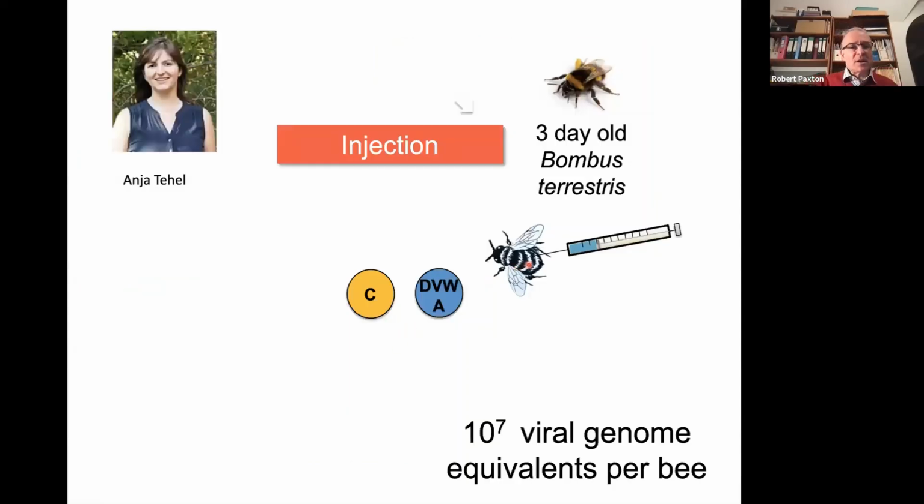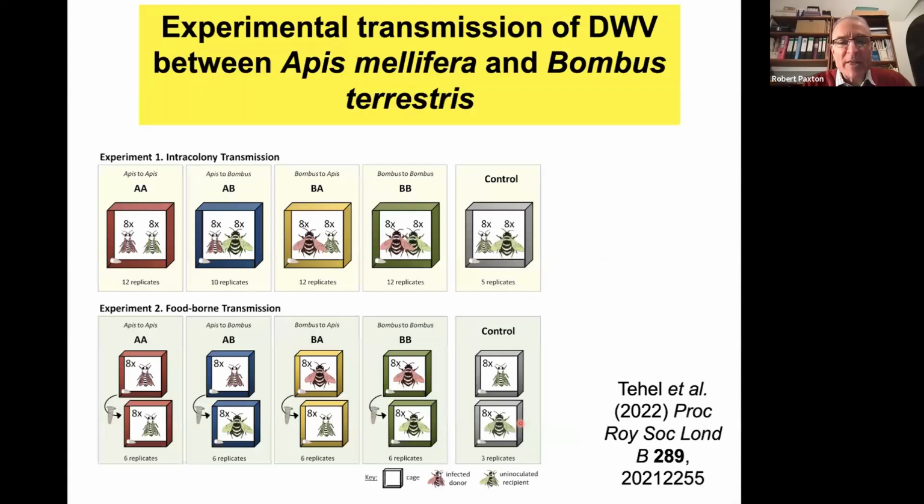I'd like to thank here Anja Tehel, former PhD student of the group, now carrying on with us as a postdoc, who undertook these experiments as part of her PhD. So she had infected bumblebees and infected honeybees. She knew they were infected. She had injected them with the same amount of virus. And then she set up an experiment to see whether they would transmit the virus.